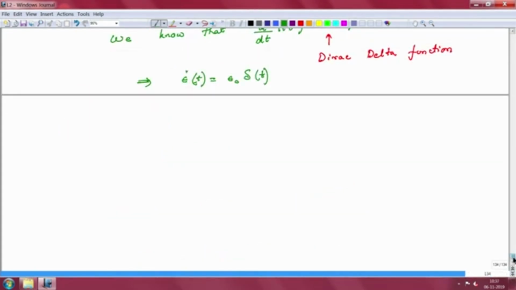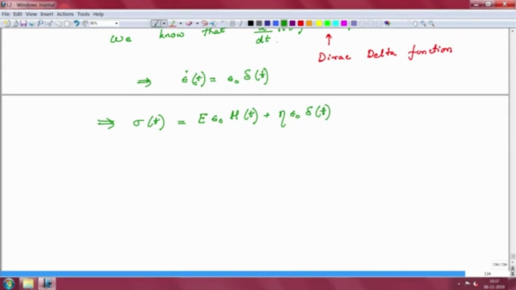If we use our constitutive relationship to find the resulting stress, we get stress equal to E epsilon naught H(t) plus eta times epsilon naught delta(t).